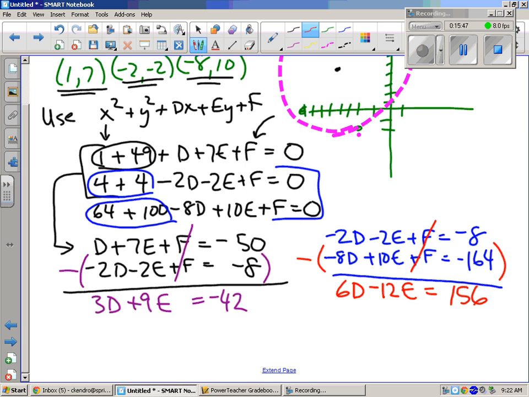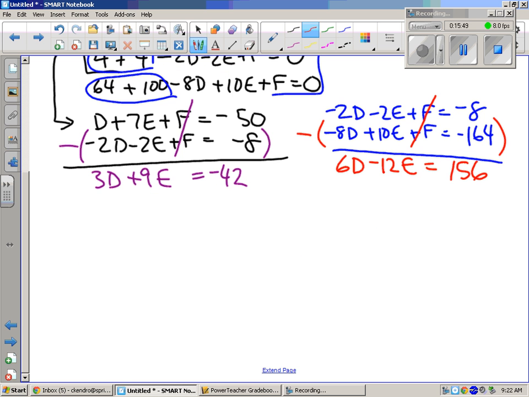Okay, see, our resulting equations only have d and e in them. So if I combine them, we're going to get something else to cancel out, then we're on our way, because then we have only one variable left and we can solve for that. So I'm going to put 6d minus 12e equals 156 under here.